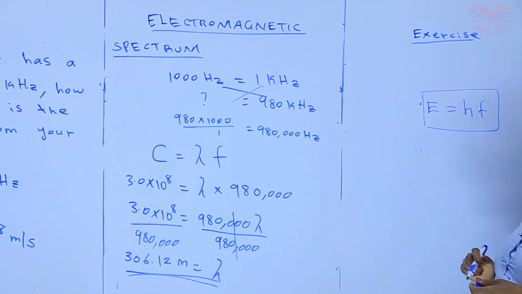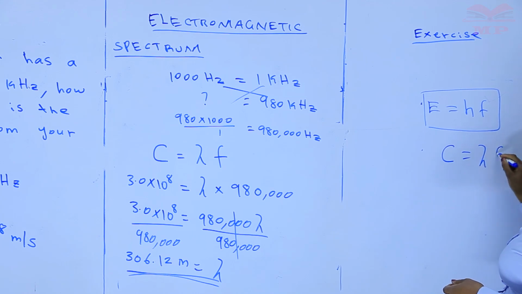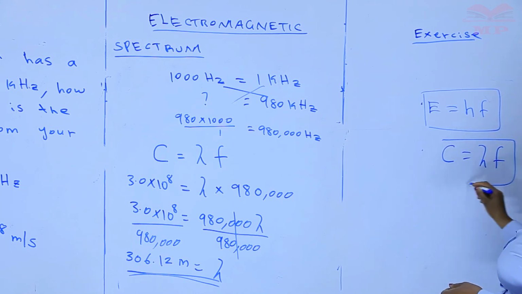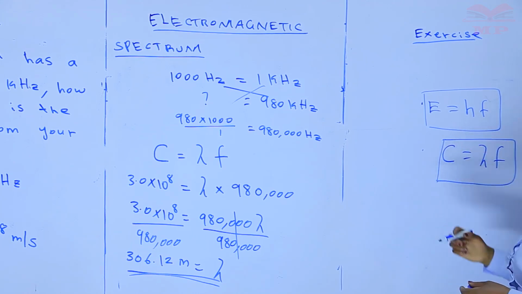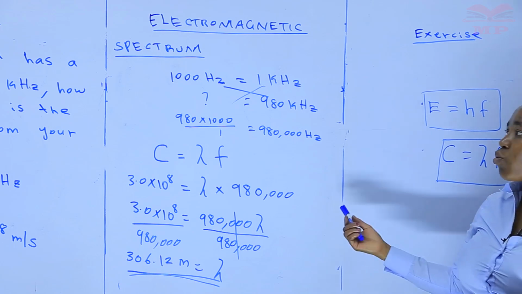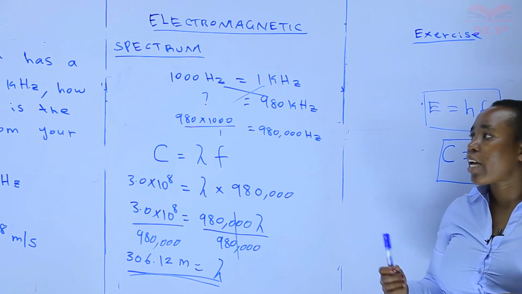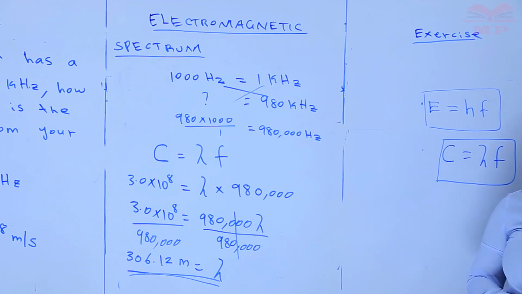And number 2 is the wave equation, C is equal to lambda multiplied by the frequency. And when you have these two, you can be able to calculate any quantity that you can be given. So that is it on calculations. Continue doing more and more to practice on the calculations involving energy and the wave equation.